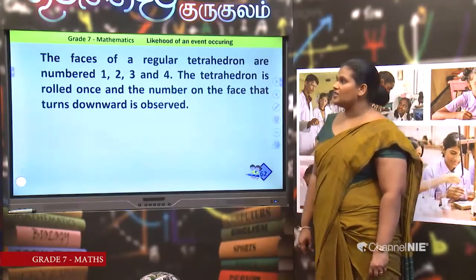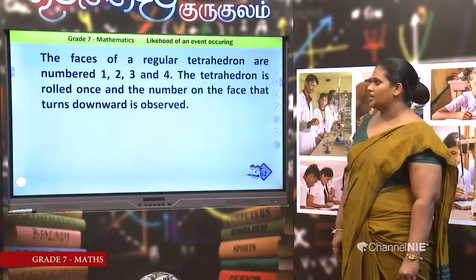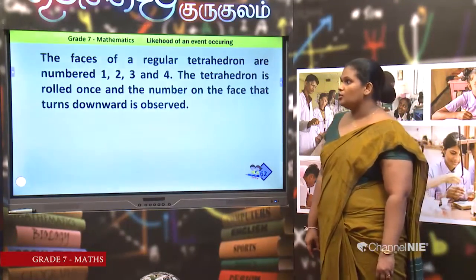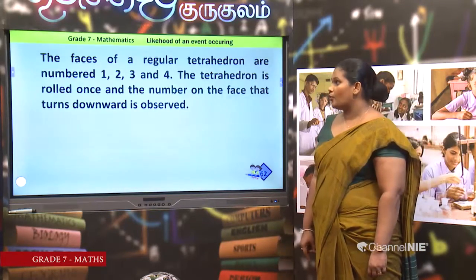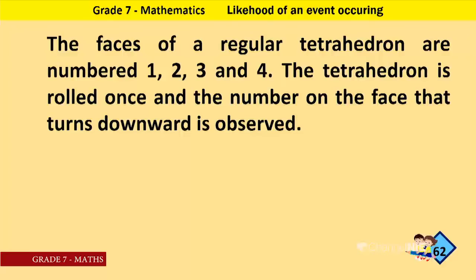Next one. The faces of a regular tetrahedron are numbered 1, 2, 3 and 4. The tetrahedron is rolled once and the number on the face that turns downwards is observed.